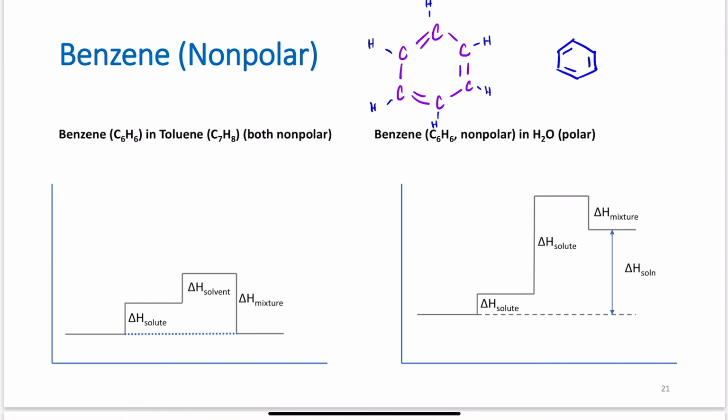So if I was to dissolve benzene in toluene, toluene is also nonpolar. Toluene, so this is benzene. It's toluene.